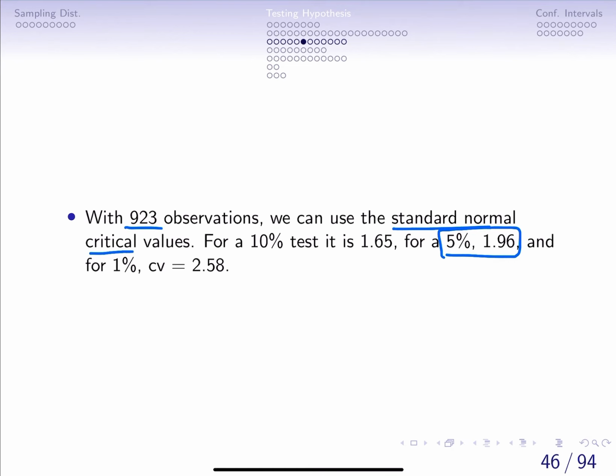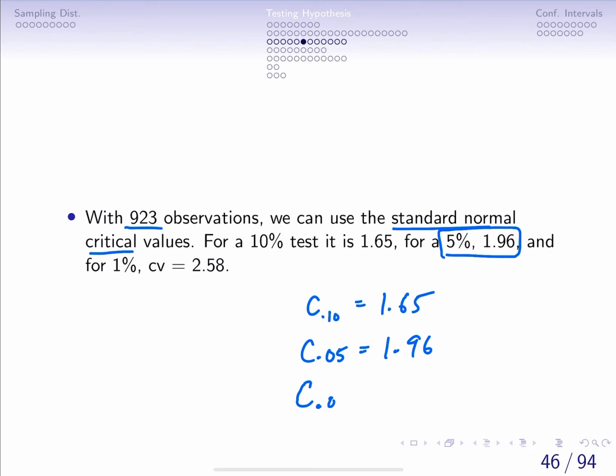You might have these memorized from your statistics courses: the critical value at 10% is 1.65, the critical value at 5% is 1.96, and the critical value at 1%, oops, I messed it up here. This should be 10%, and this should be 1%.